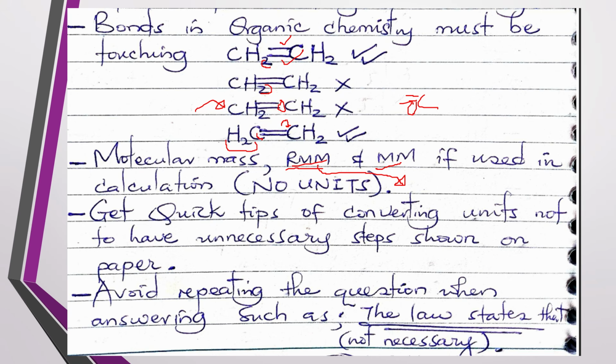So as you say relative molecular mass, you don't include units. But if you say molecular mass, you can include units. Relative means ratio. So if you are handling relative molecular mass, do not include units of grams after calculation. But if you say molecular mass, then you are free to include units of grams.